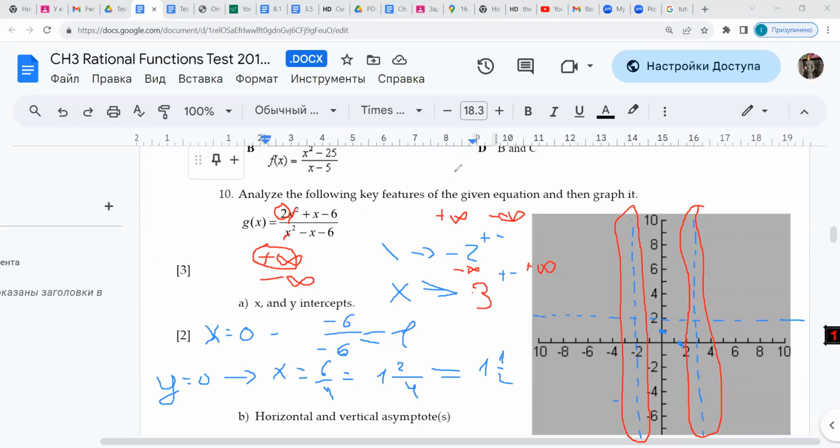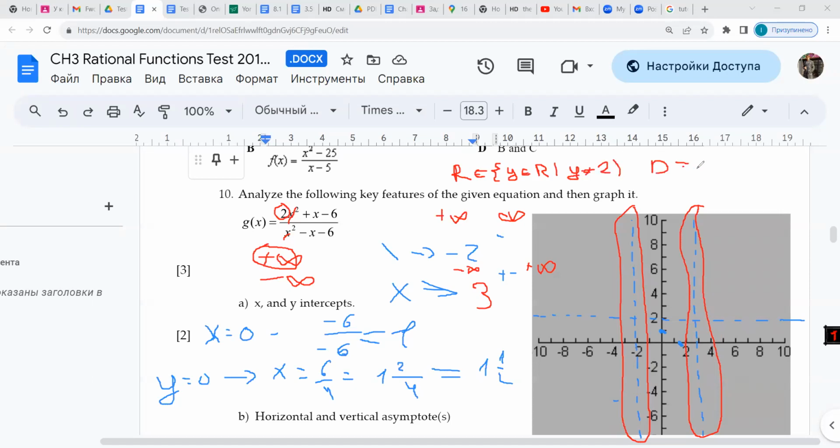And last questions, range and domain. Range for this function is as follows: y is in all real numbers, but y does not equal 2, our horizontal asymptote.